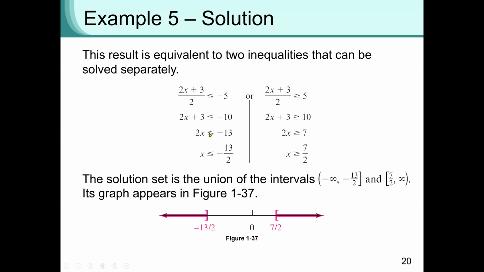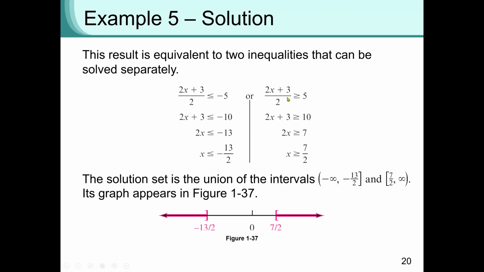So I'll get 2s less than or equal to negative 13, because negative 10 minus 3 gives me negative 13. Now 2 is multiplied by s, so I'm going to divide both sides by 2. So I'll get s is less than or equal to negative 13 divided by 2. So that will be our first solution.